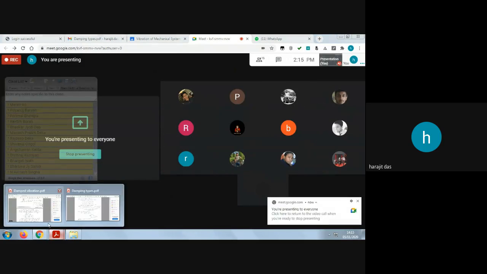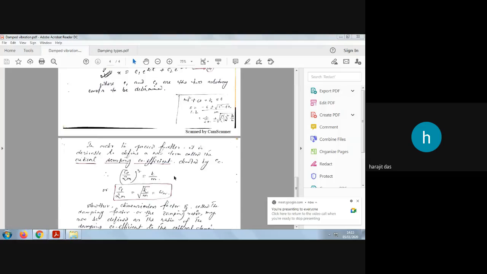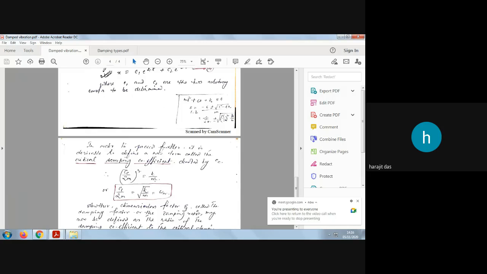We will be writing one term which will be cc by 2m. What is this? This is like c by 2m, isn't it? So we will now write cc by 2m whole square, which will be exactly equal to k by m. Understood?